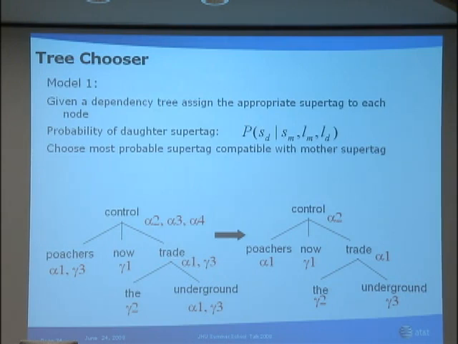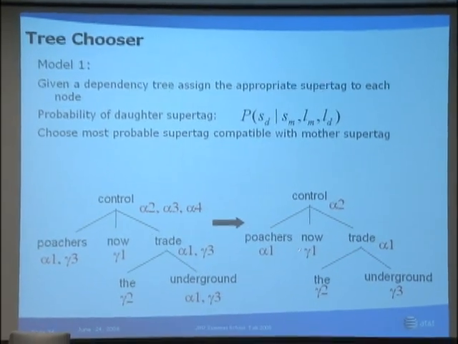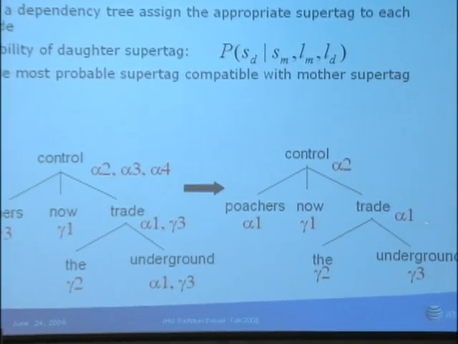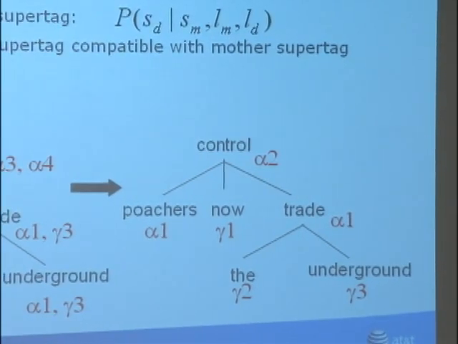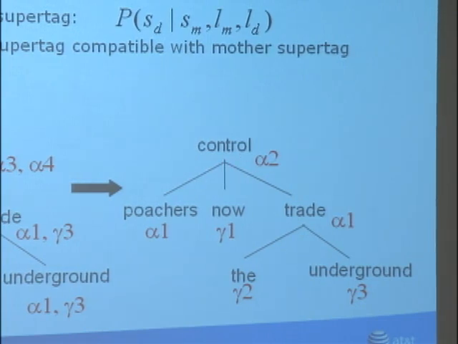Without the context of the tree, you have ambiguity: two or three tags on each node. If you make the decisions right and get the right supertag for each word, then you can again unpack it and get the linear order constraints. You know that the word poachers will be to the left of control and trade will be to the right of control.